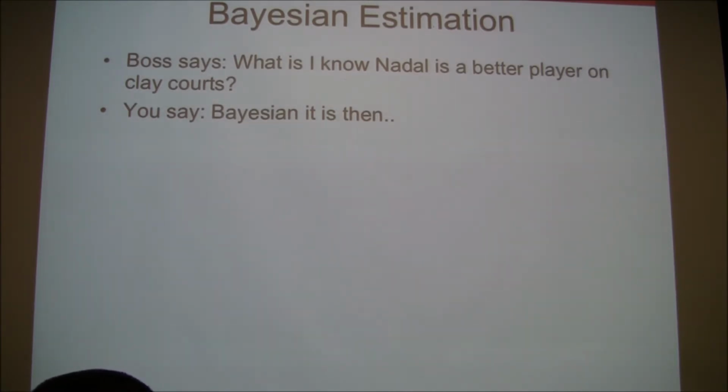So the idea of Bayesian statistics is that you're going to treat that unknown quantity theta, which is the parameter that you'd like to estimate, as a random variable. And that's an important distinction. That's where it branches off from frequentist statistics. In frequentist statistics, theta is an unknown, but it's constant.